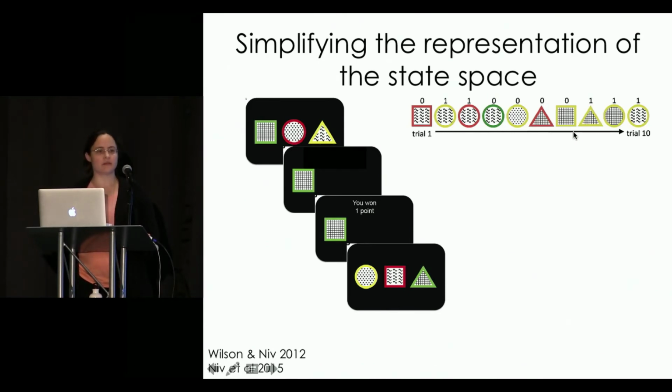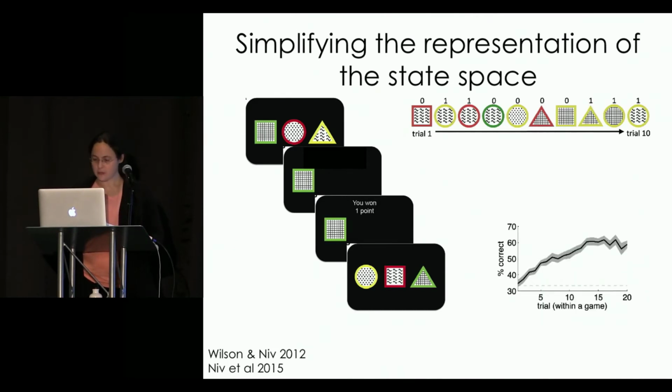Okay, so here, this is a case of learning the state space, because what the participants need to learn is that, in this case, for example, the shape does not matter, the fill does not matter, only the color matters. Okay, so to represent the learning in this case, to make the learning faster, you should learn to only pay attention to a single dimension, so going back from all the possible combinations to only three potential values for the three colors, and then learn over that.